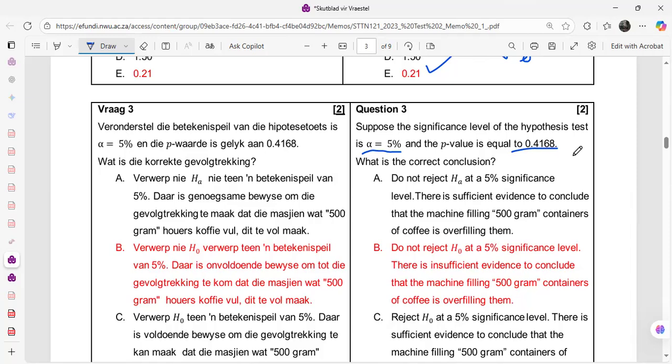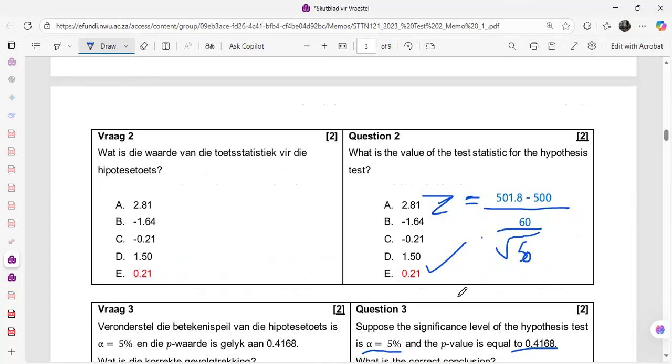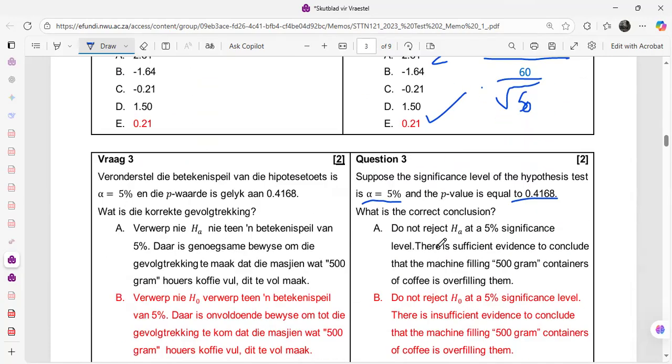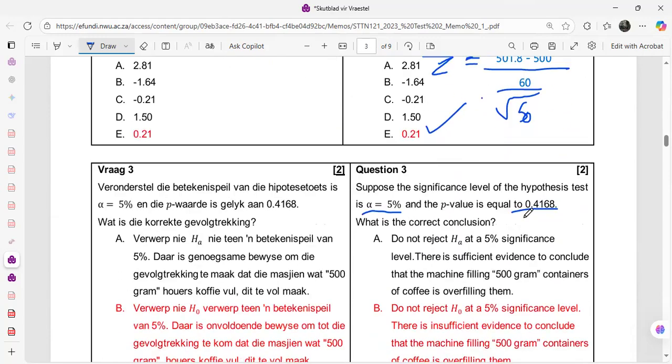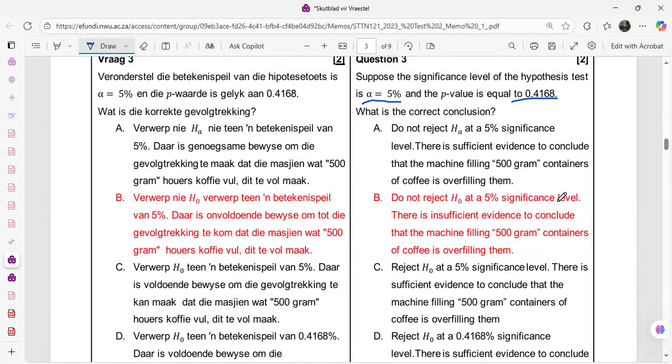If you check, is this the same as the statement earlier? Remember, it says that the manager suspects that the machine filling 500-gram containers of coffee is overfilling them. But since we do not reject H0, it means that there is insufficient evidence for us to conclude that the machine is overfilling them, because we failed to reject the null hypothesis.